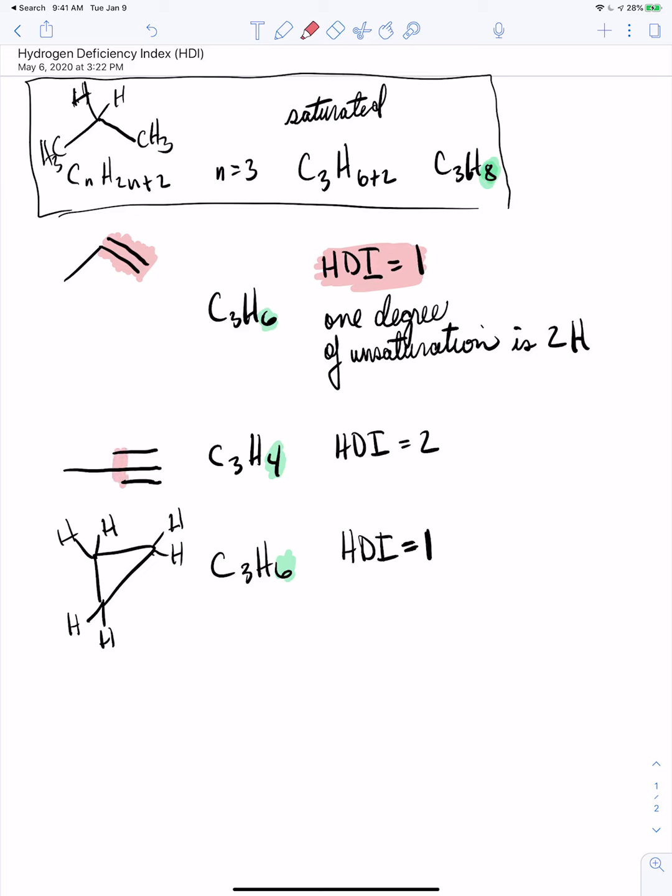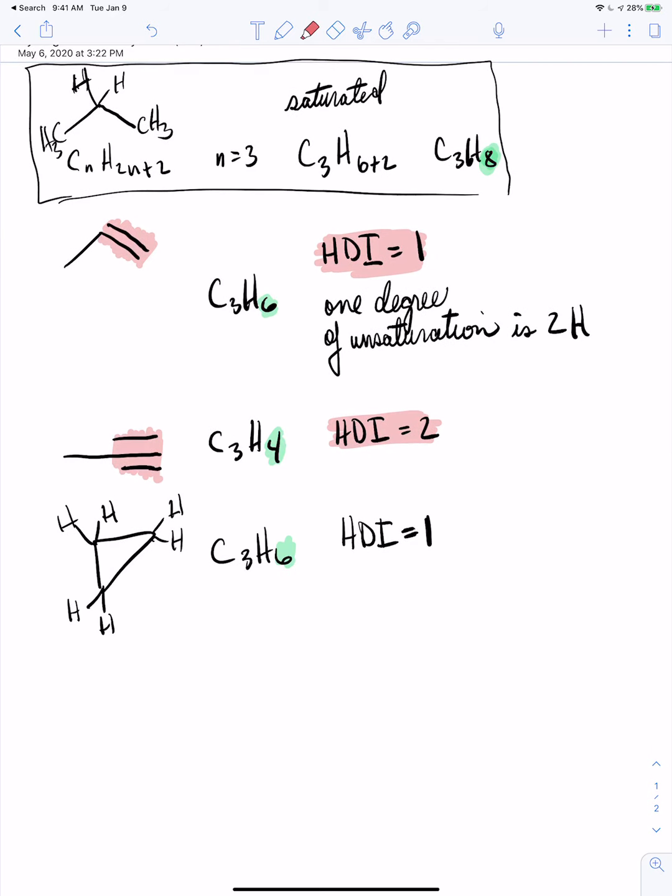Each pi bond that we put in there counts for an additional degree of unsaturation. So you'll notice that here the HDI is equal to 2. So pi bonds decrease the number of hydrogens that you would have in the molecule, relative to whatever the fully saturated parent molecule is, by 2 hydrogens, or 1 index of deficiency.